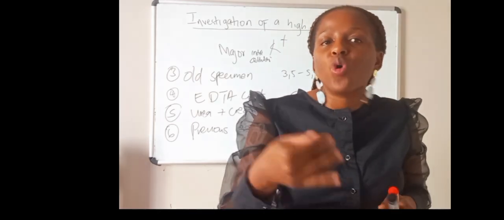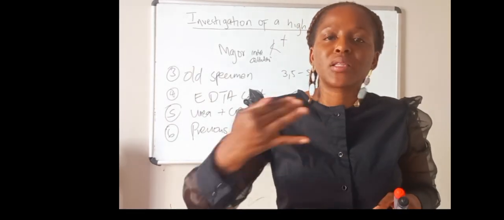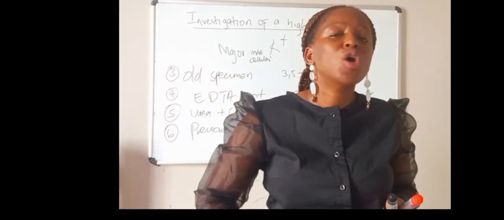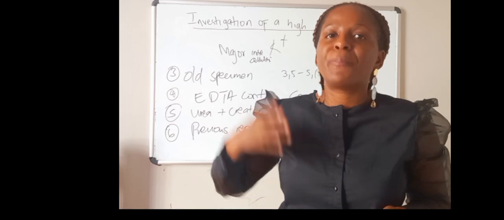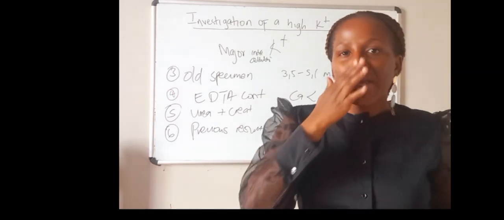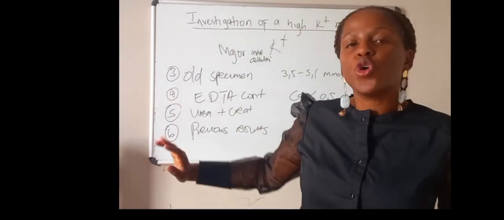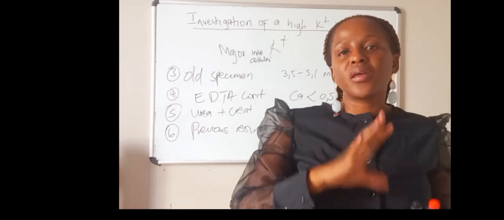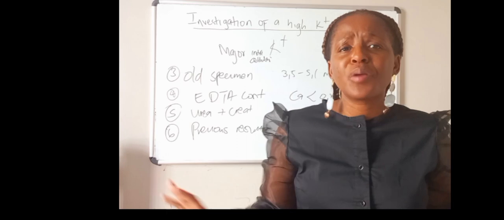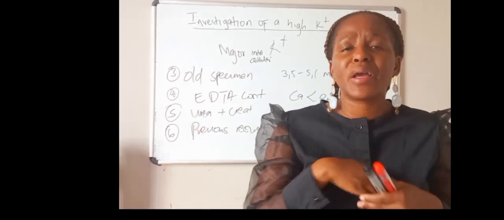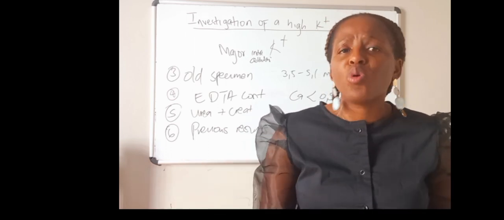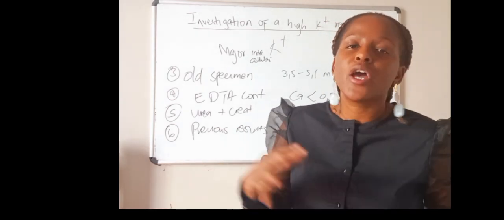Probably the doctor already knows the condition or the medication that the patient is taking that might be leading to high potassium. So you will look at that as well, but you have to rule out all those other things that can cause a falsely high result before you can have the confidence to say it was high in the morning, it's still high now, the sample is not contaminated, there's no hemolysis, it's a fresh sample, not old, and my instrument is functioning the way it's supposed to and reproduces results accordingly.